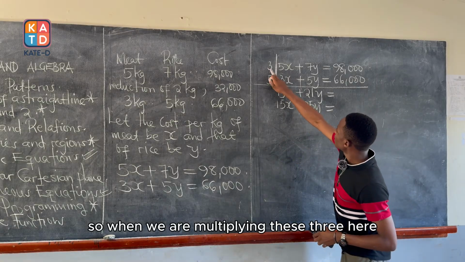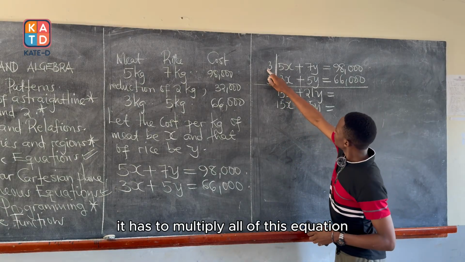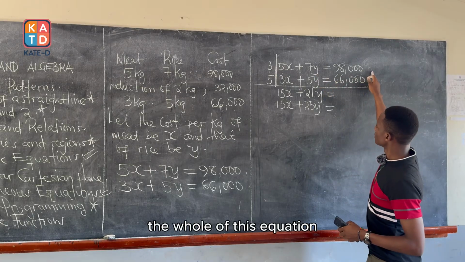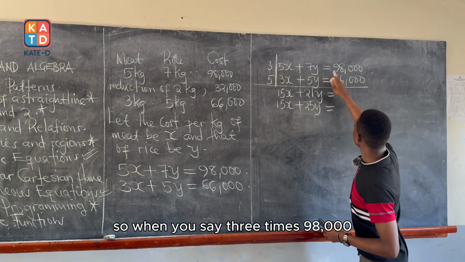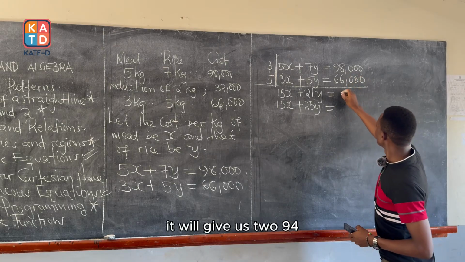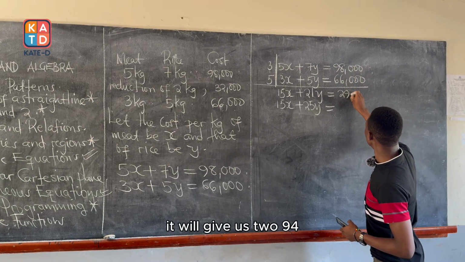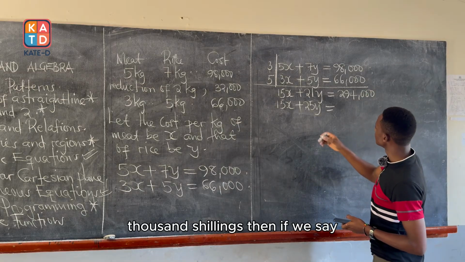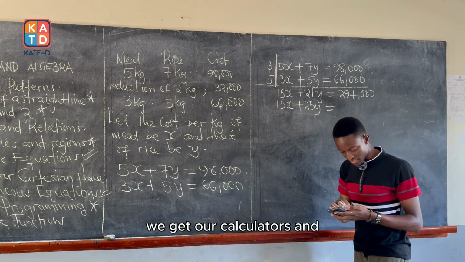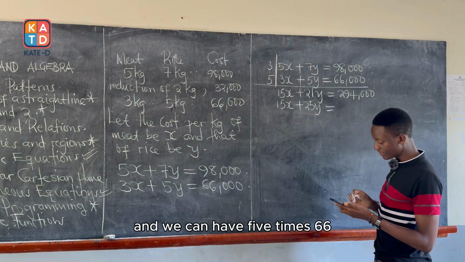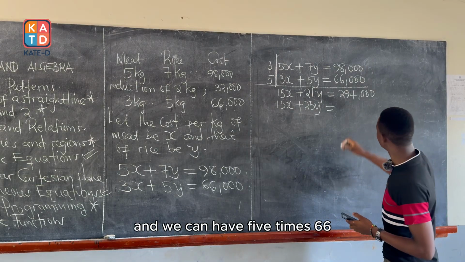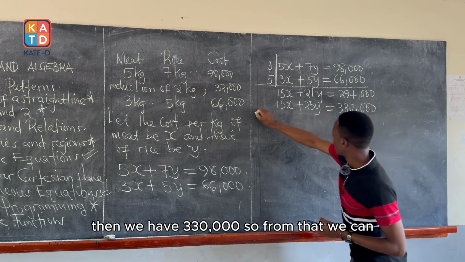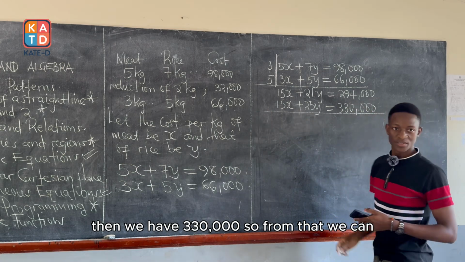So when we are multiplying these 3 here, it has to multiply the whole of this equation. So when we say 3 times 98,000, it will give us 294,000 shillings. Then if we get our calculators and say 5 times 66, then we have 330,000.